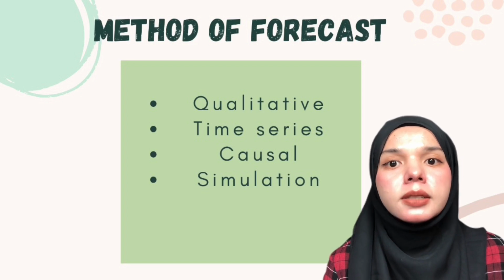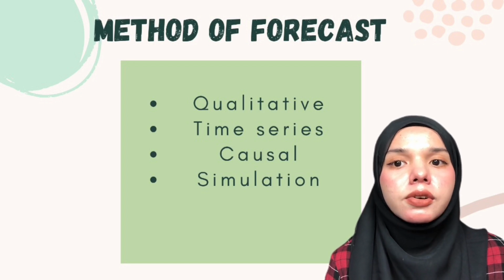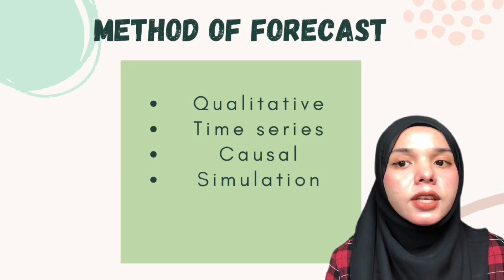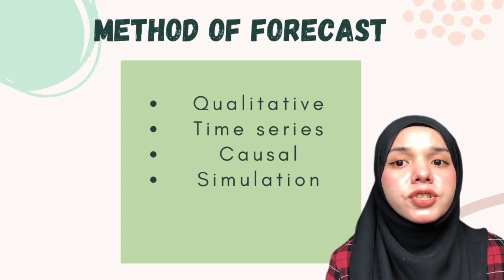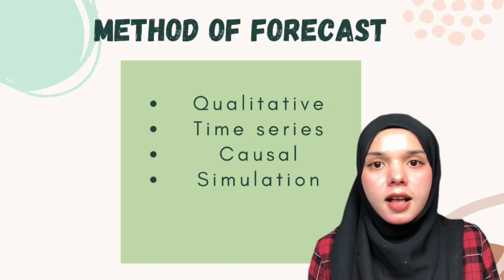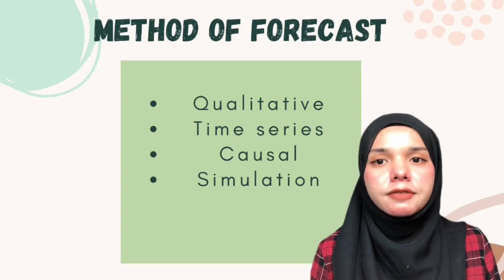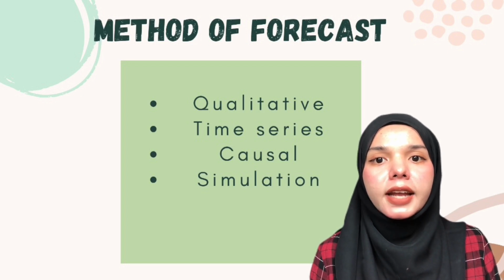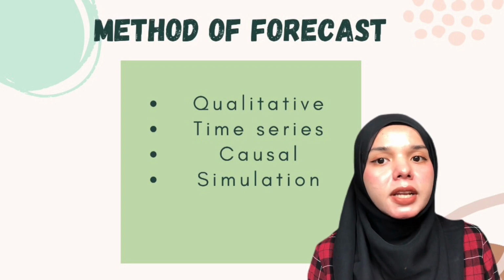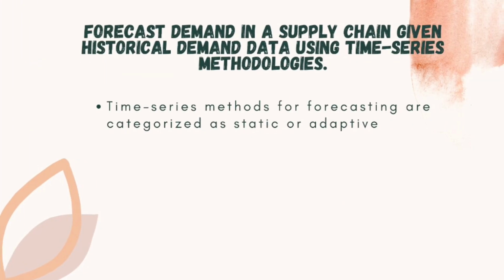For example, product pricing is strongly correlated with demand. Companies can thus use causal methods to determine the impact of price promotion on demand. Fourth, simulation. Simulation forecasting methods imitate the consumer choices that give rise to demand to arrive at a forecast.